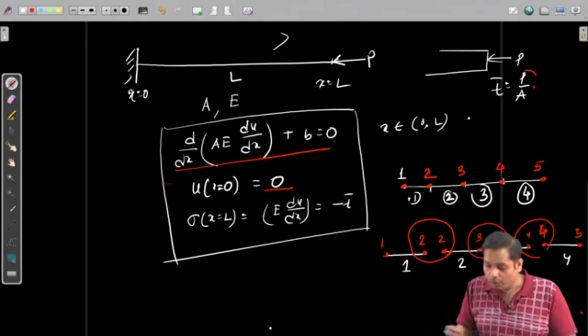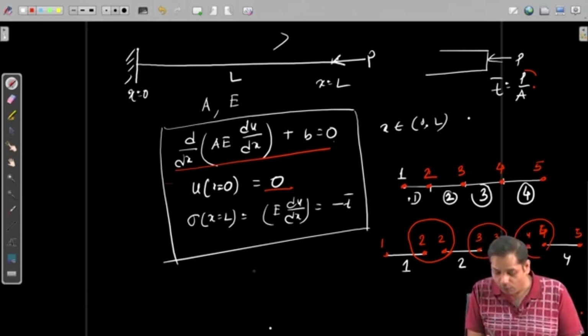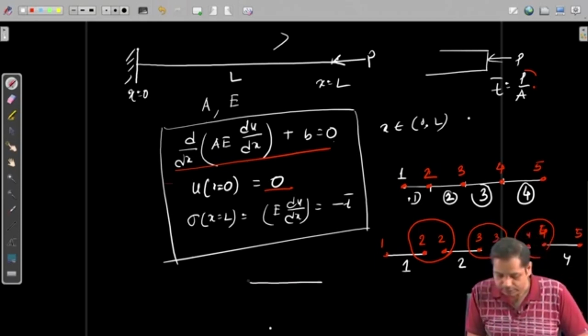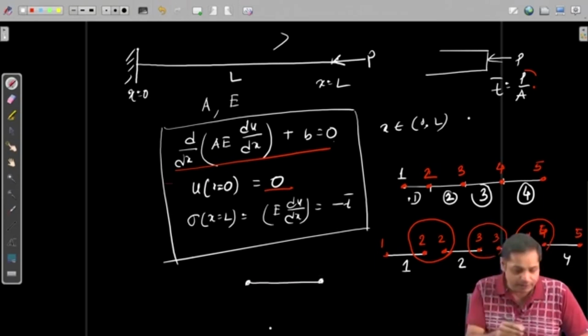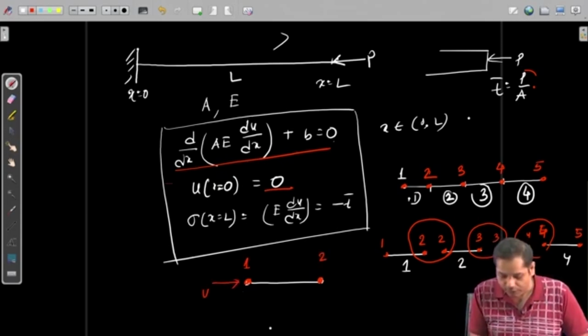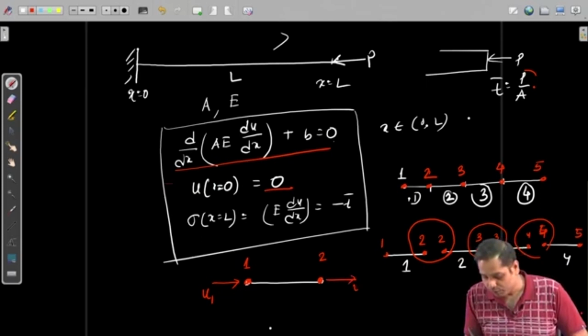See, how many degrees of freedom do we have in one element? This is one element. Suppose this is node number 1, this is node number 2. So at this point you have, say, U1, at this point you have U2.